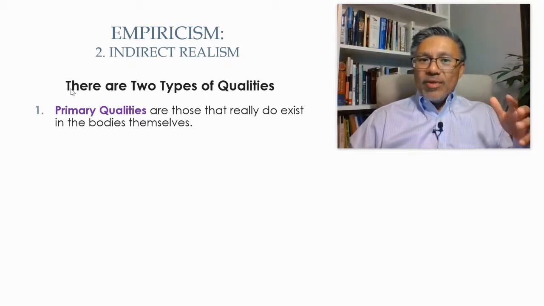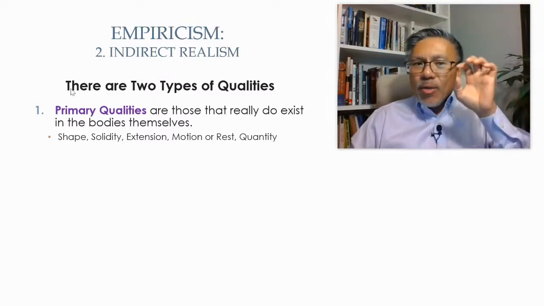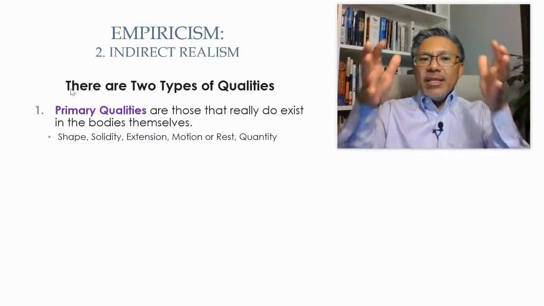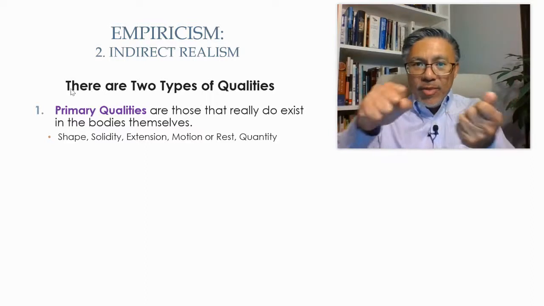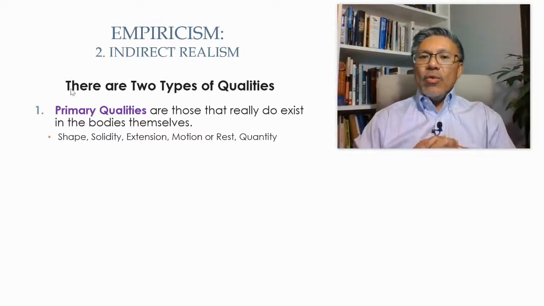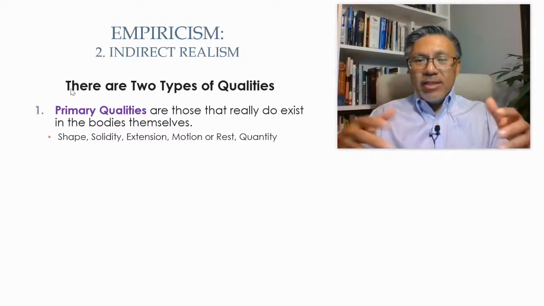As examples of primary qualities, Locke says, well, when you see objects, the shape of it is a primary quality of the object. The solidity of it is a primary quality of the object. The extension of it, so if you were to measure the extension of it, that's a primary quality of the object. Whether it's moving or at rest, that's a primary quality of the object.